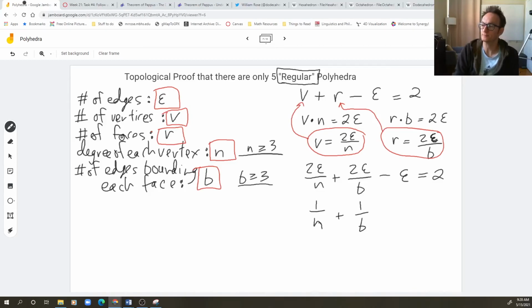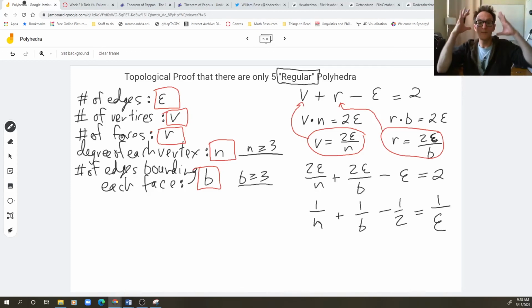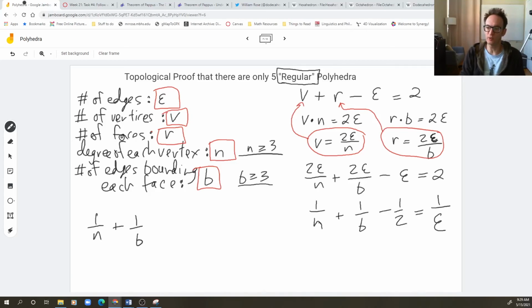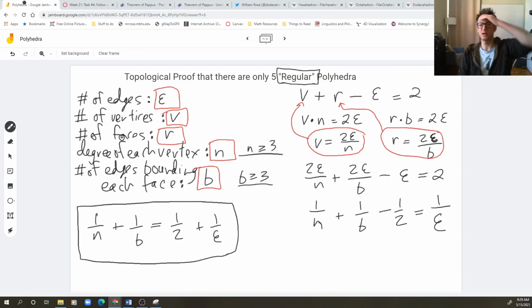And if I divide this by 2 epsilon, I get minus a half. And if I divide this by 2 epsilon, I get 1 over epsilon. Okay, and so the amazing and incredible formula that I get is that 1 over n plus 1 over b equals 1/2 plus 1 over epsilon. I'm going to put a big box around this, exactly what I did in class.